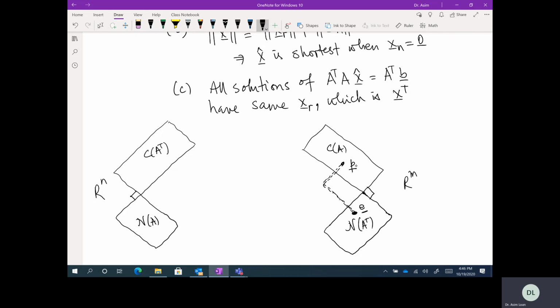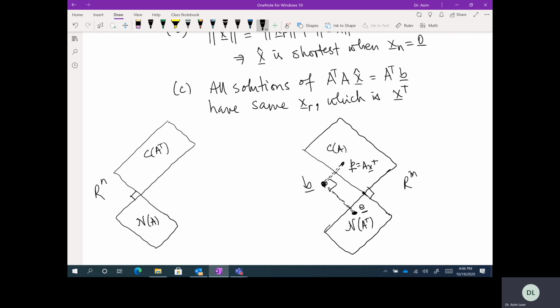So this p is actually A times x plus, right? And this is b, these are the two perpendicular.